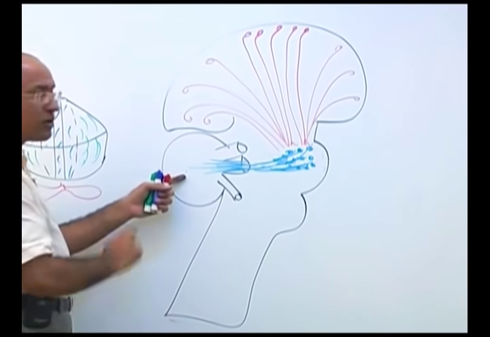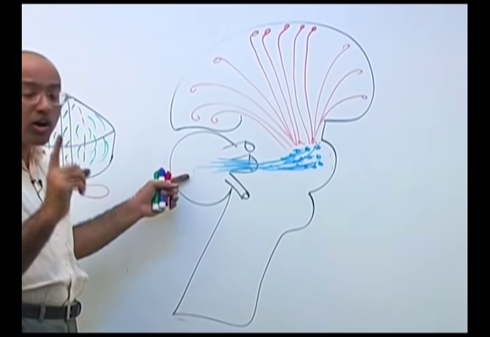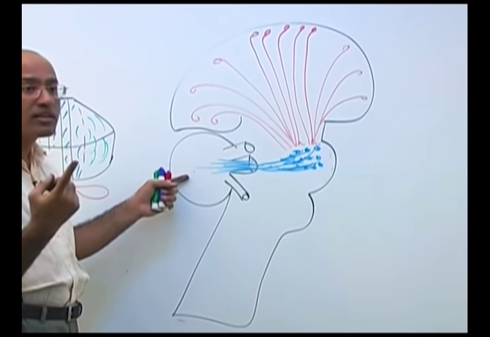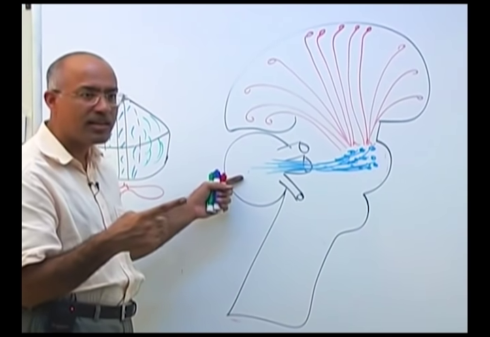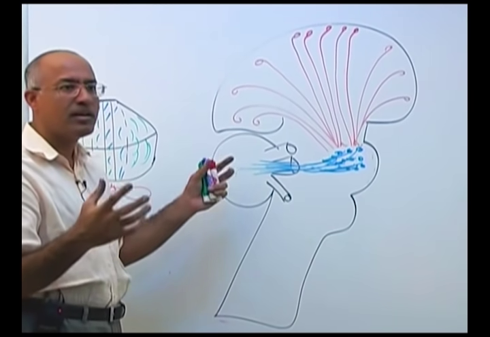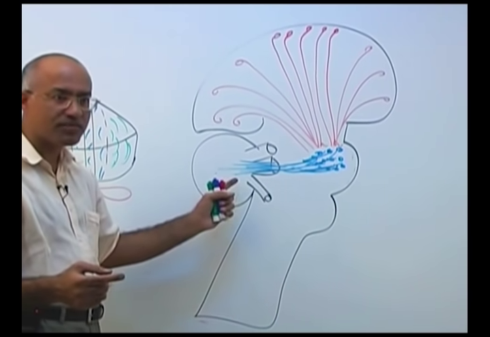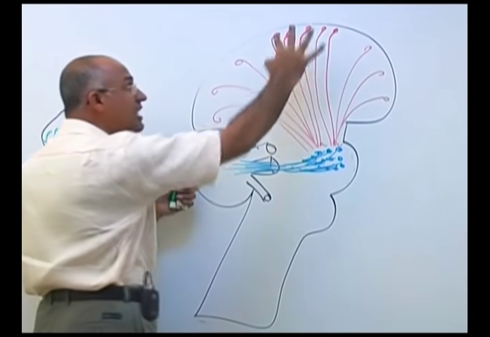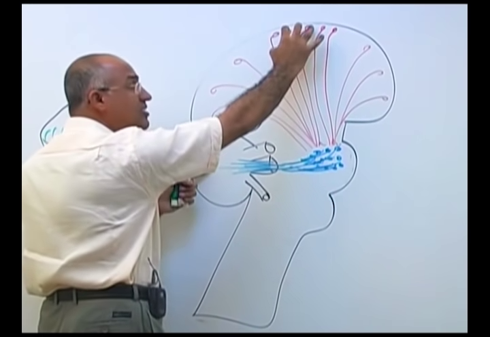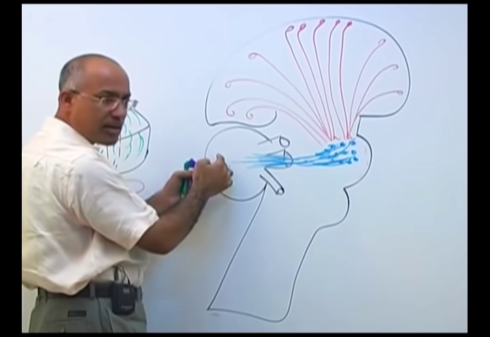When we are talking about the neocerebellum, the cerebrocerebellum, this part of the cerebellum does not have connection with the spinal cord or vestibular system. It has all the information about what is going on in the cerebral cortex coming to the cerebellum.